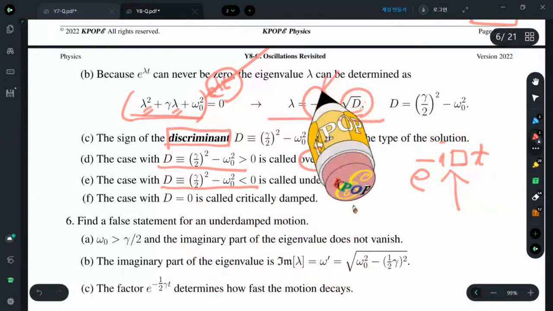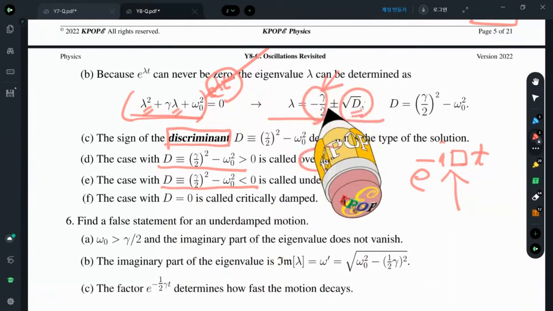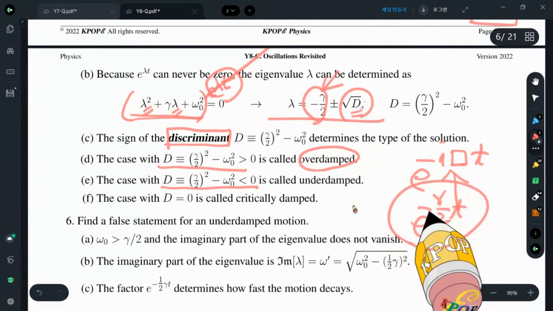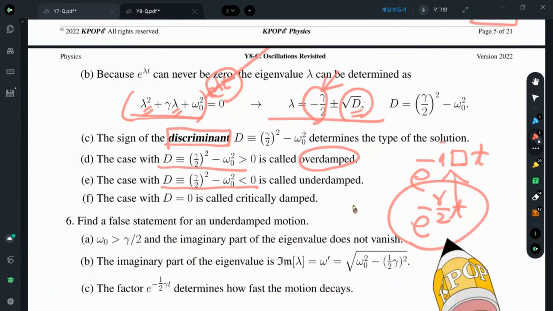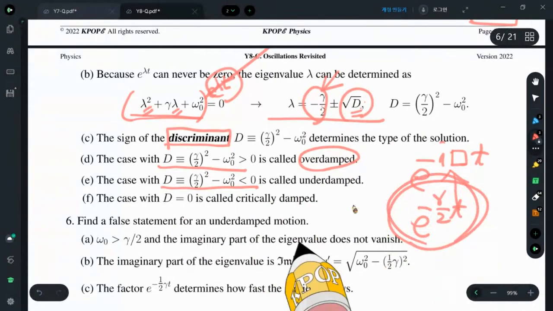However, we have an additional real value that represents the exponential minus 1/2 of gamma t. That makes the solution smaller and smaller as time goes by. This factor appears in any case.